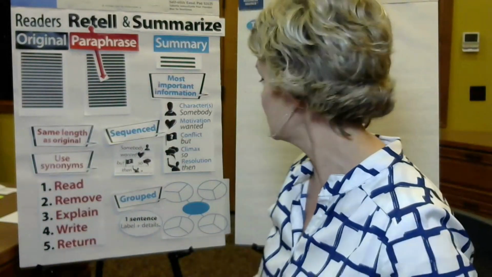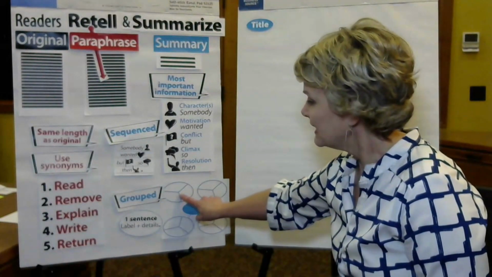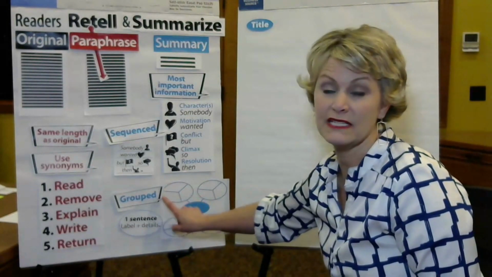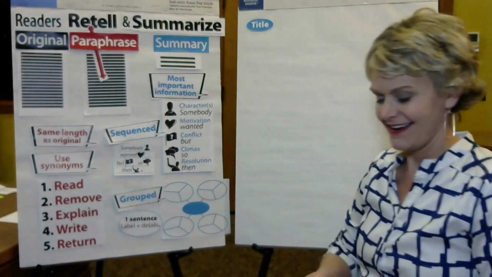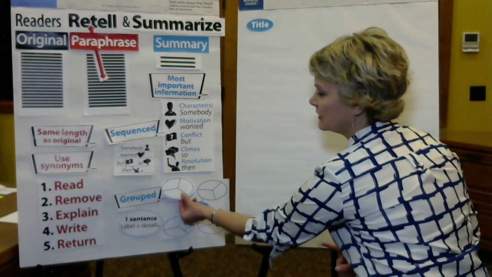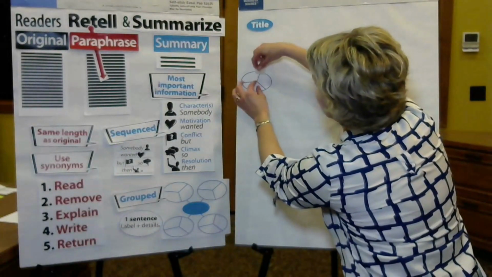Now watch this. An oval equals one sentence. No matter what and how many details you have in that oval, it's going to be one sentence. So each oval is going to get a sentence.